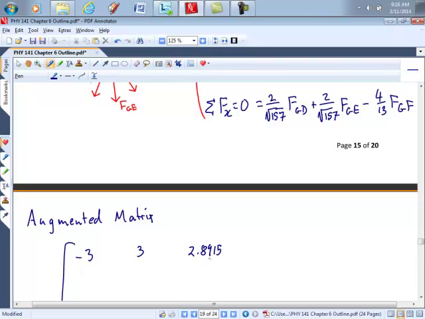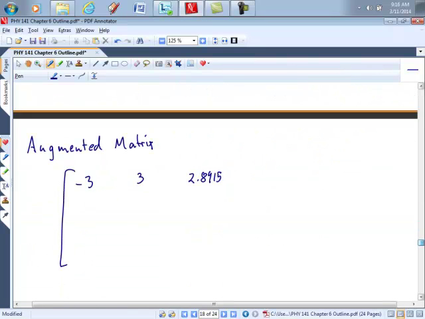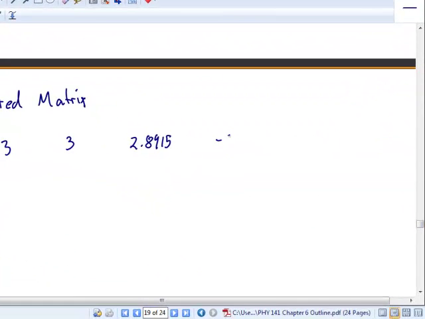So we could have kept this in radical form, but I think it's going to be a little bit easier if we just get rid of the radicals. Keep a couple of extra digits. And the constant term is going to be 200 times root 157. Oh, sorry, it's going to be negative 200 times root 157. Negative 2,506. Okay.